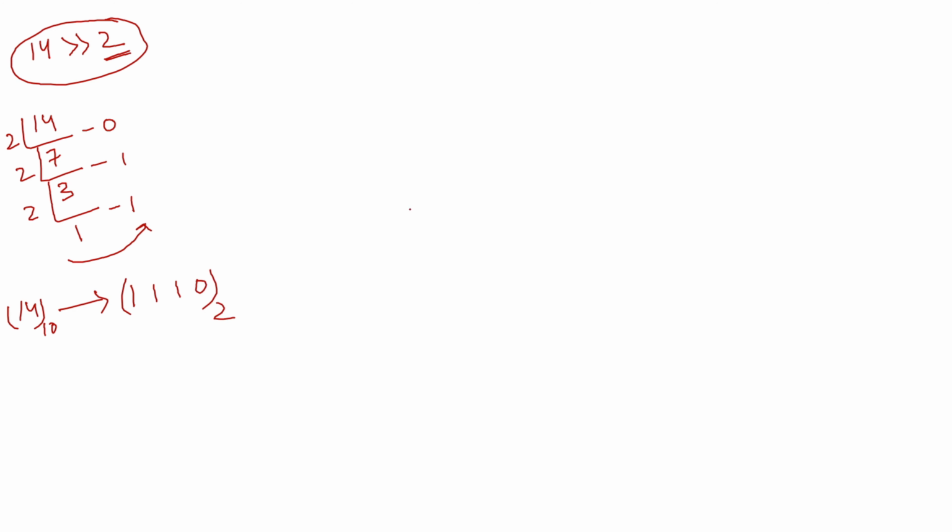Now we will do the right shift operation. I will write 1110 here. In a right shift operation we need to shift the bits towards the right direction, by two places. So this 0 will be shifted to this place and this 1 will be shifted to this place.